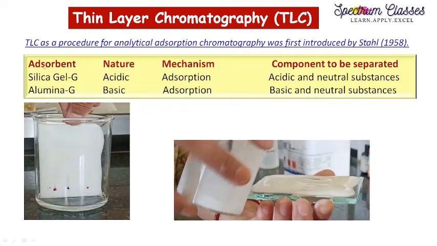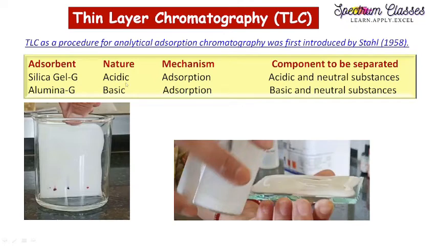Here we are using silica gel, which is acidic in nature, and the mechanism is adsorption, meaning the solute which we are loading on this TLC plate gets adsorbed on the plate, and that adsorbed solute will move upward along with the solvent, right?